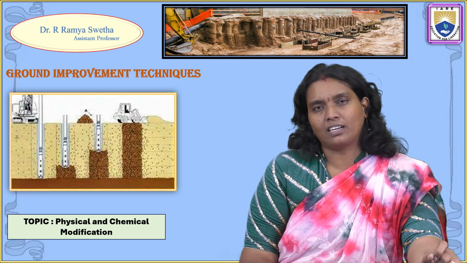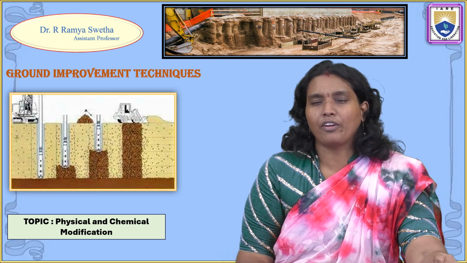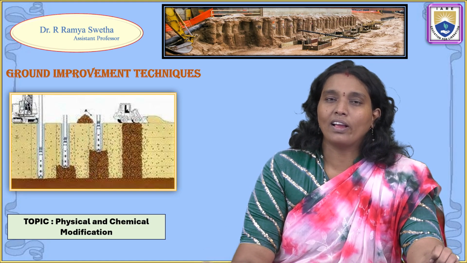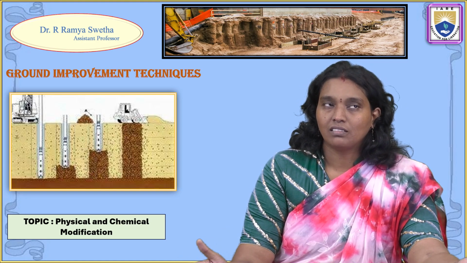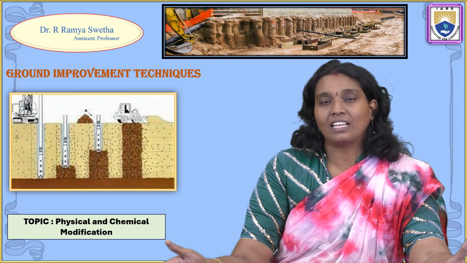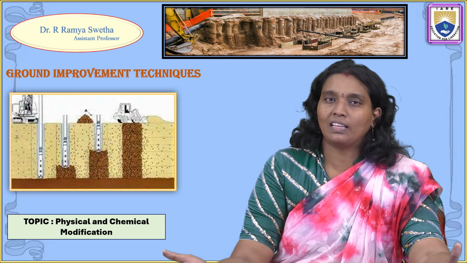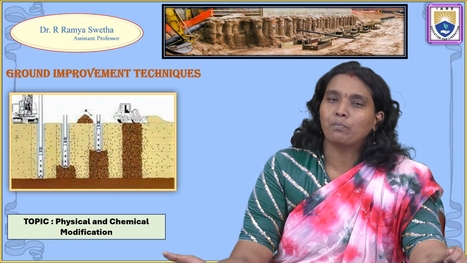As a part of that, these physical and chemical modifications are also considered for soil modification from various points of view, for getting the desired properties based on the requirement of the project.